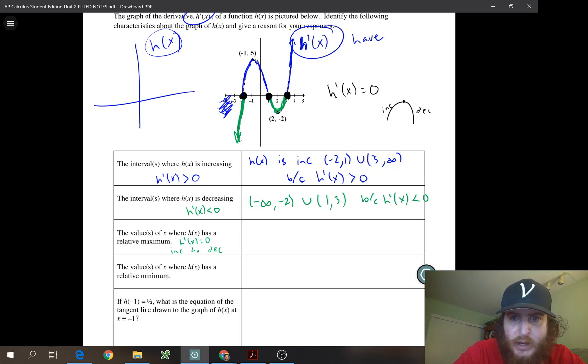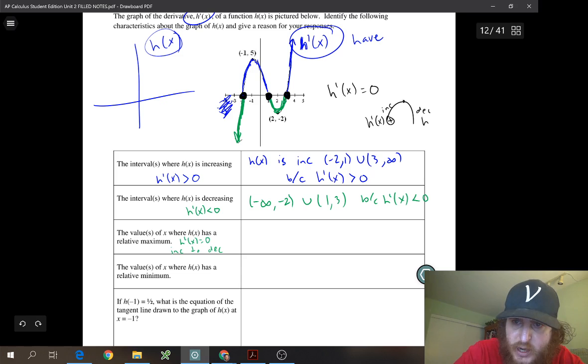So here, what does that mean? We want h prime of x to be positive and then change to negative. So that only happens at 1 point. Where does it change from positive to negative? It happens at 1.